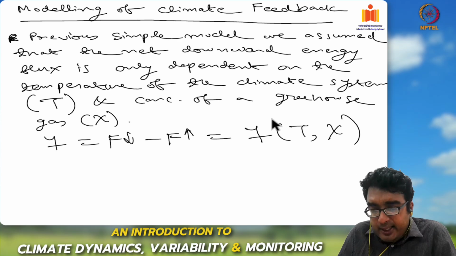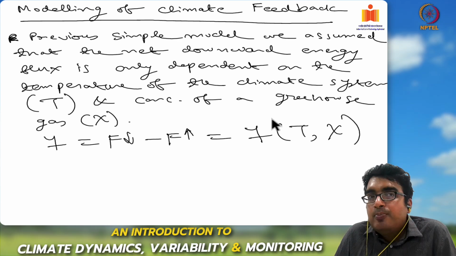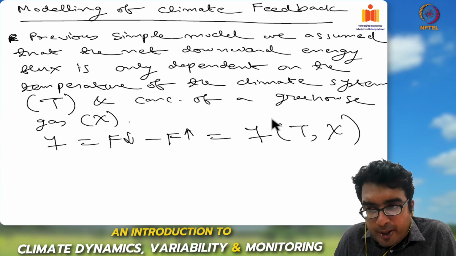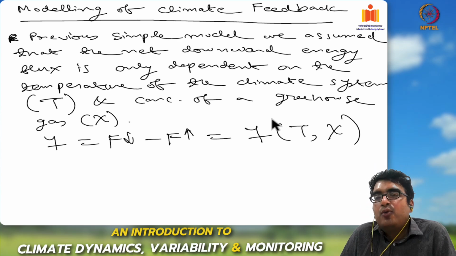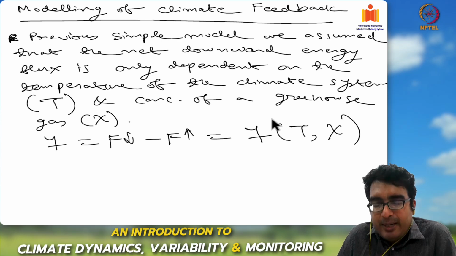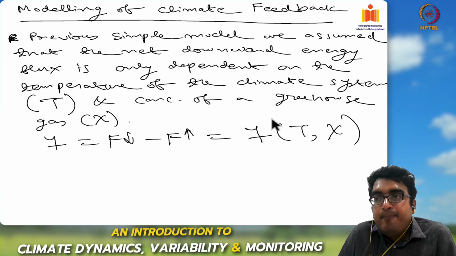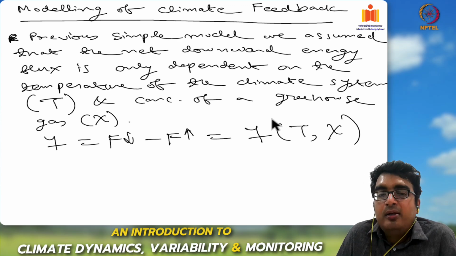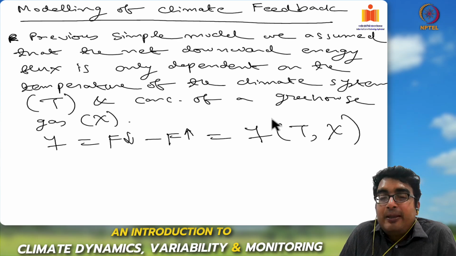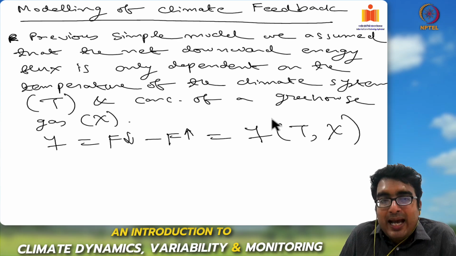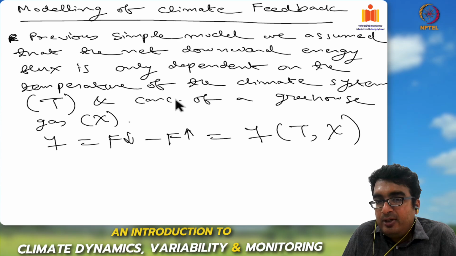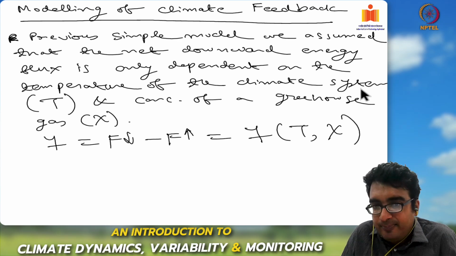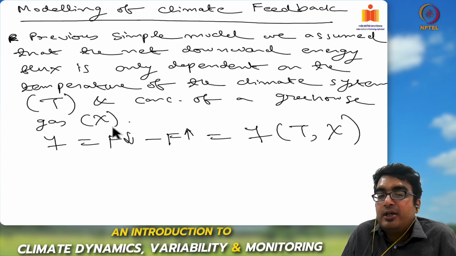Now we will discuss a little bit more complex models which do not just look at one greenhouse gas or one feedback parameter, but multiple parameters, all of which may have an impact on the overall flux. So in the previous simple models, we assumed that the net downward energy flux is only dependent on the temperature of the climate system and the concentration of the greenhouse gas.